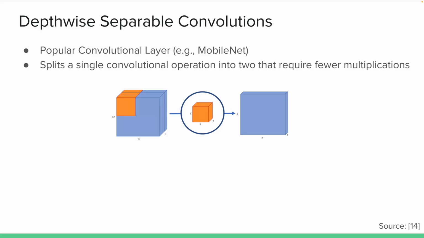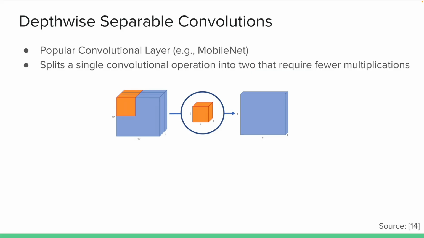Imagine we have a 12 by 12 by 3 input and a 5 by 5 kernel. The kernel would also need a depth of 3 to have access to all 3 depth channels that we have. In this case, say it's an RGB image. When we run this one convolutional operation without any padding, we would obtain an 8 by 8 by 1 output feature map.